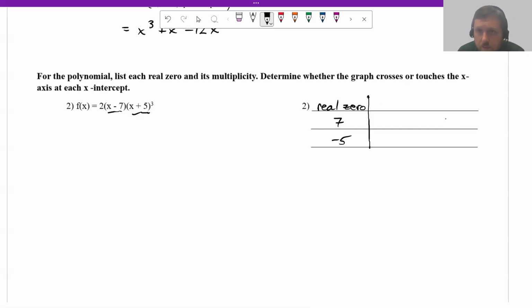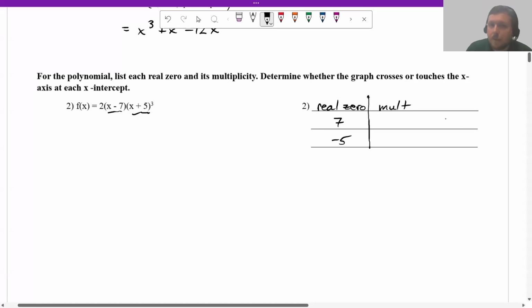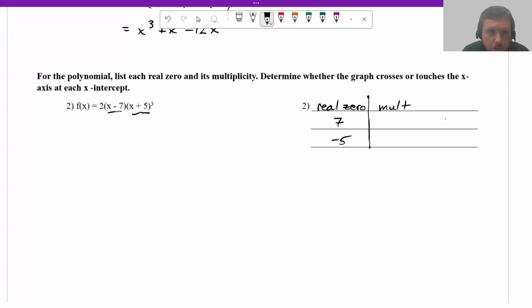Okay. And then each one of those has a multiplicity. It doesn't have to be a table. You can do it some other way, but as long as you're indicating which one's the zero, which one's the multiplicity, that's fine. So the 7 has a multiplicity of 1. So I'm looking at the exponent. If there's no exponent, it's implied to be 1.